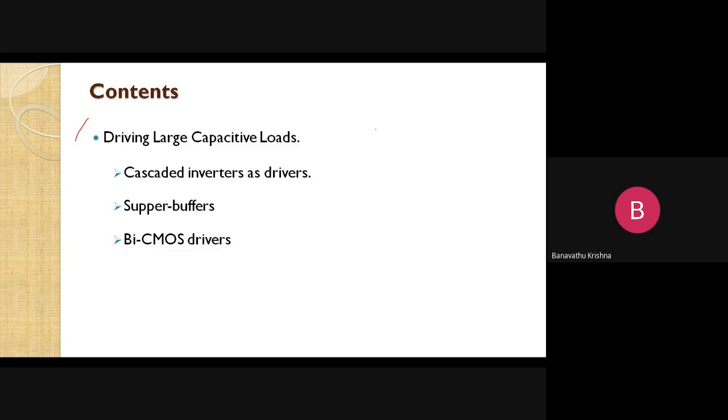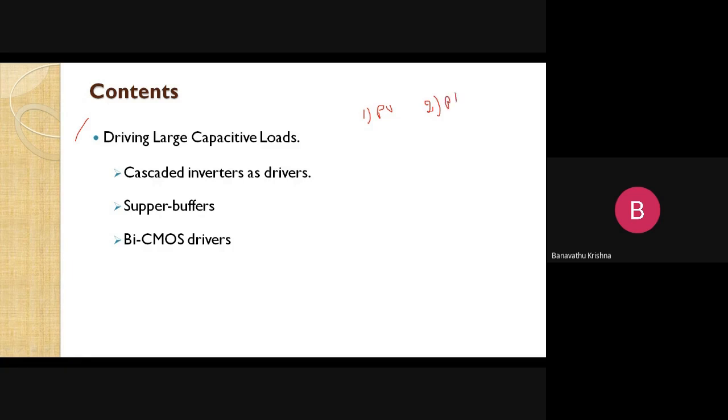When large capacitive loads arise in this particular case, I want to maintain the points we saw previously. There we observed two points: one is the pull up transistor, the pull up device, and the second is the pull down device.